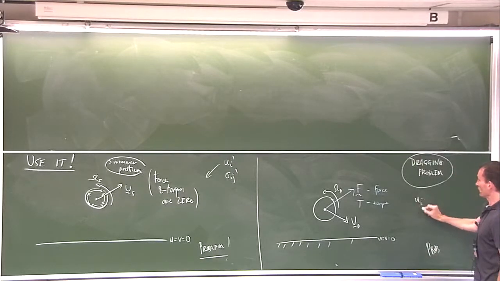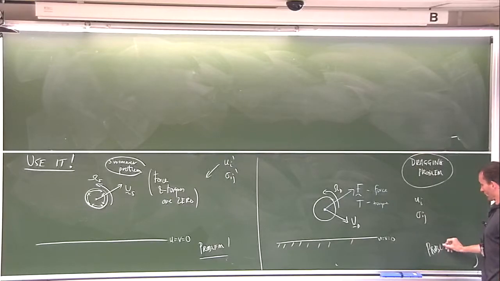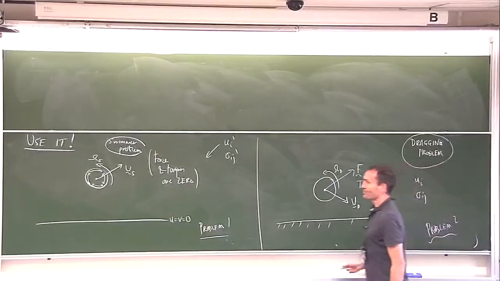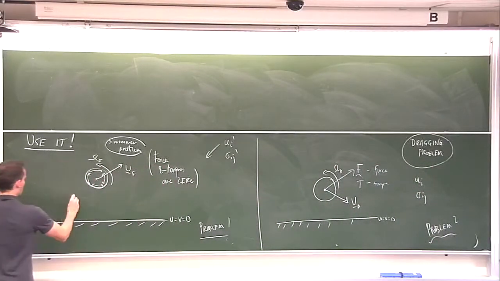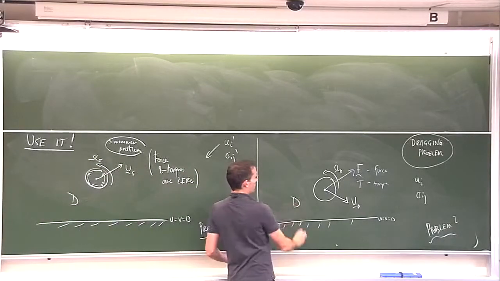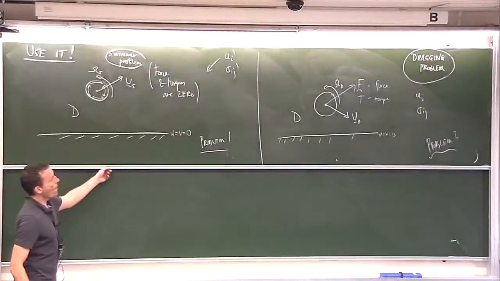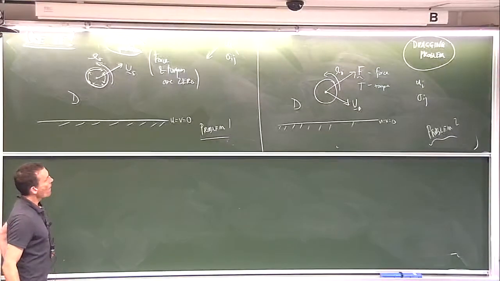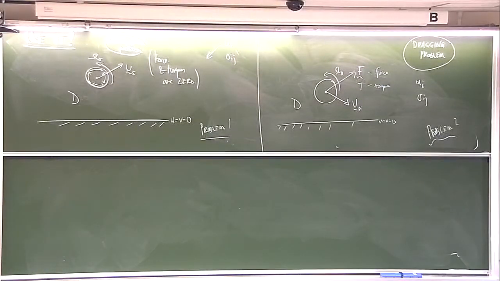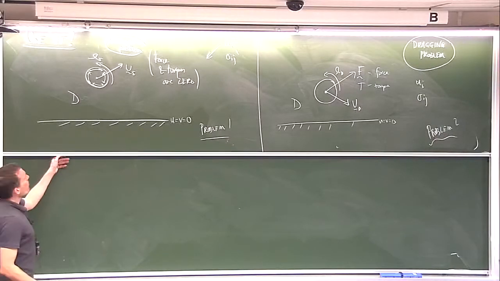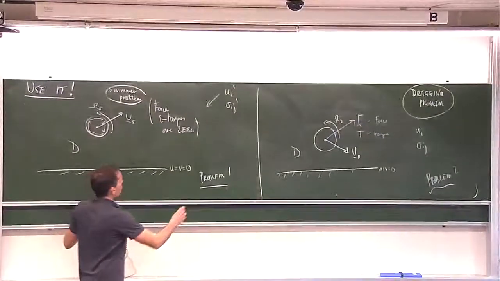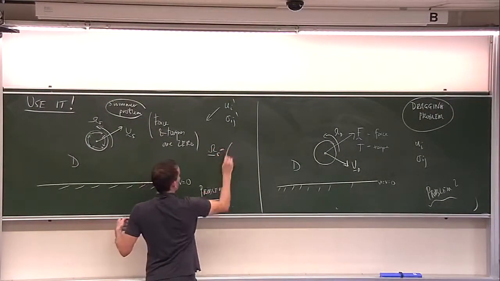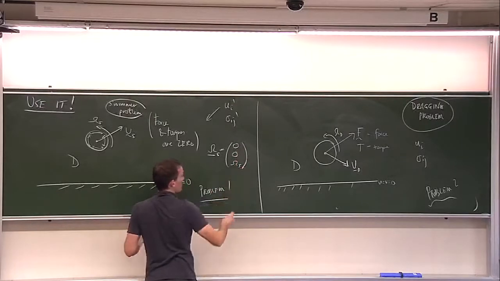This has got solutions ui, sigma ij. And this is D. And that's D. Let's introduce the underlined sigma s and call this 0, 0, f theta s.